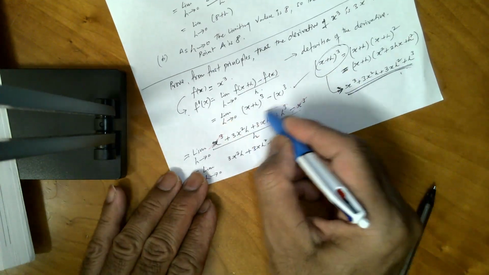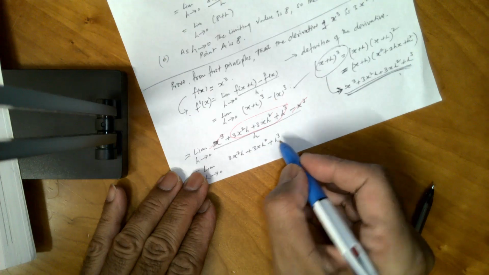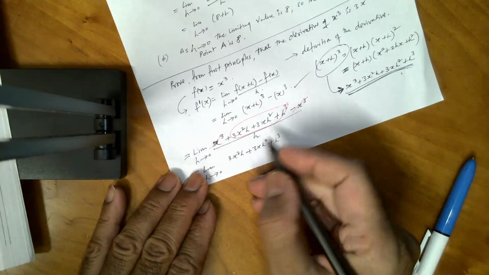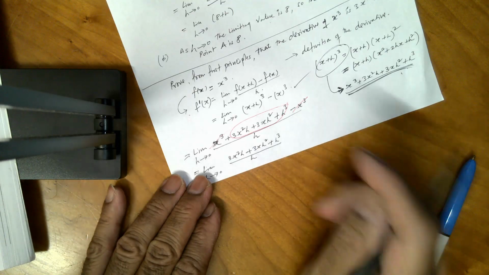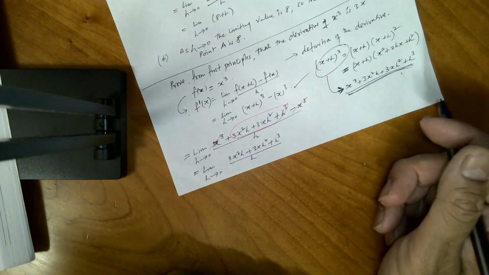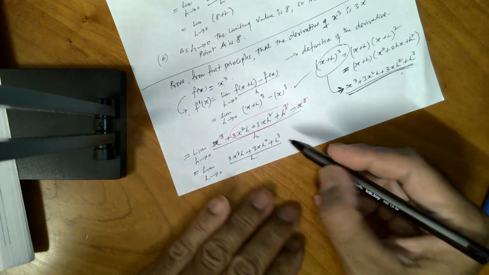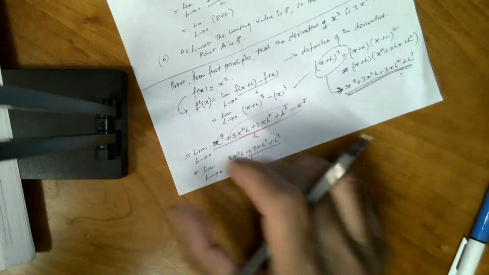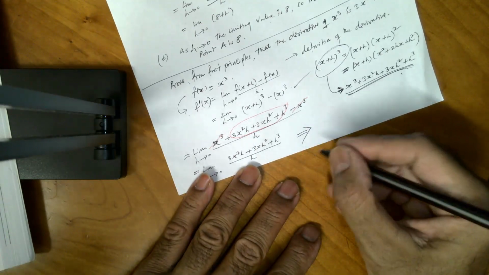So you just write exactly the same thing here, and then don't forget the h in the denominator as well. Right, so factorize the numerator. You can factorize that as well. Okay, pretty simple.